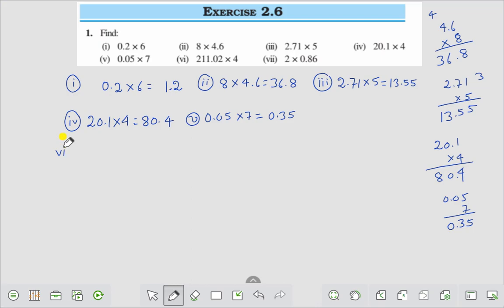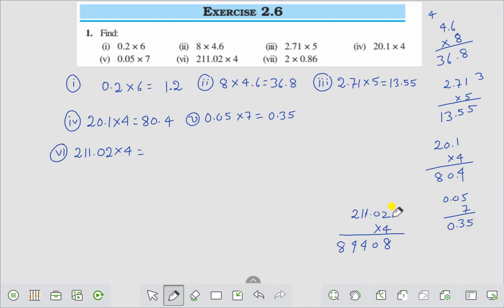Now question number 6 is 211.02 into 4. Here we are multiplying this one, that is 211.02 into 4. 4 twos are 8, 4 zeros are 0, 4 ones are 4, 4 ones are 4, and 4 twos are 8.